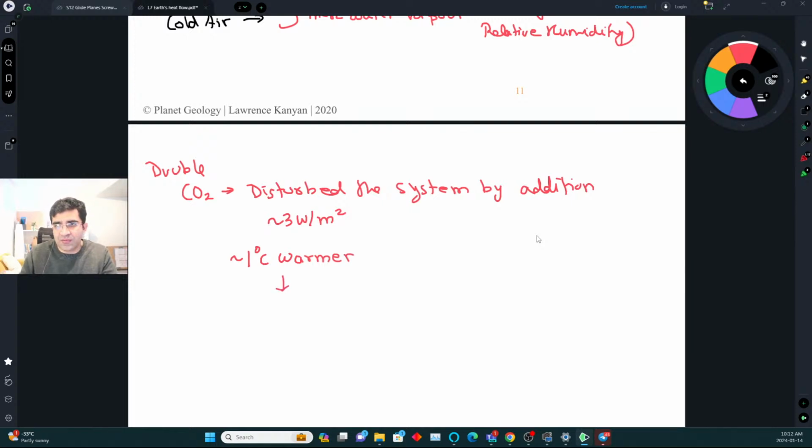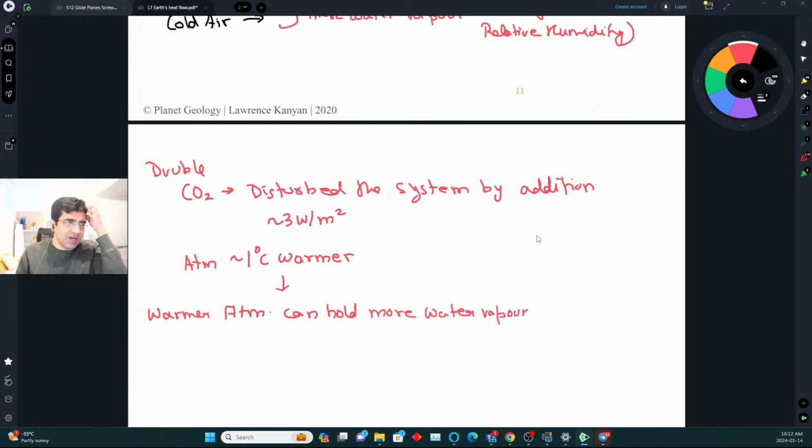A warmer atmosphere can hold more water vapor. So there is an additional greenhouse effect.